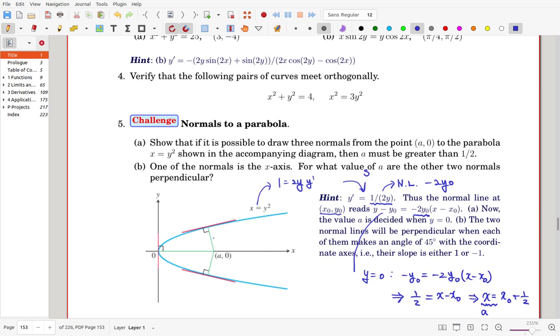This slope must be -1, this slope must be 1, so that makes a 45-degree angle, and again a 45-degree angle because of symmetry, right? So this must be -1, this slope must be 1, and along with that you can solve the problem. Okay, this is a challenging problem, but you can do it yourself. Okay, thank you.